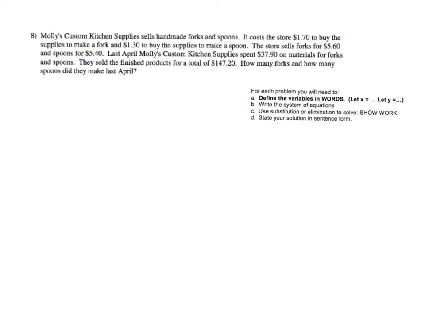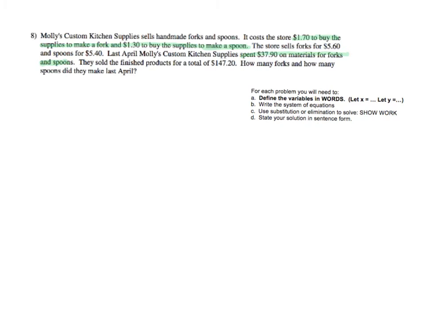So I'm going to start by highlighting my first relationship. The first one I see is that it takes $1.70 to buy the supplies to make the fork and $1.30 to buy the supplies to make a spoon. This is then also related down to how much they spent on materials for forks and spoons. So it says when they cost the store to make them, that's what the cost of the materials is.